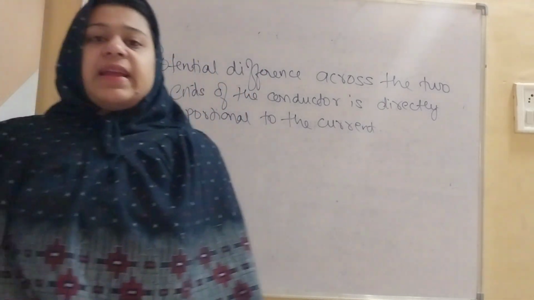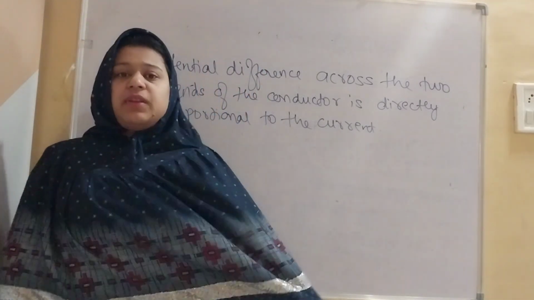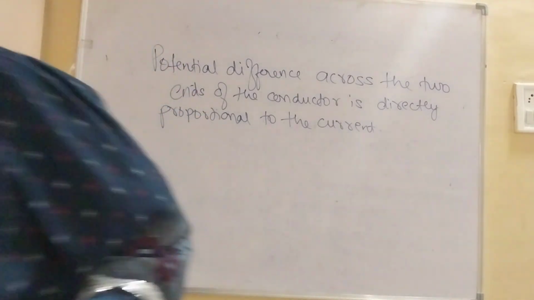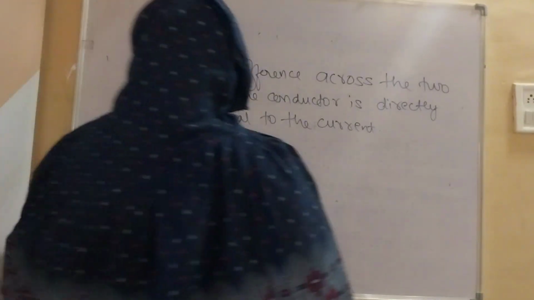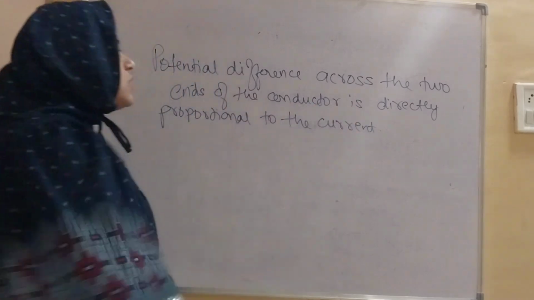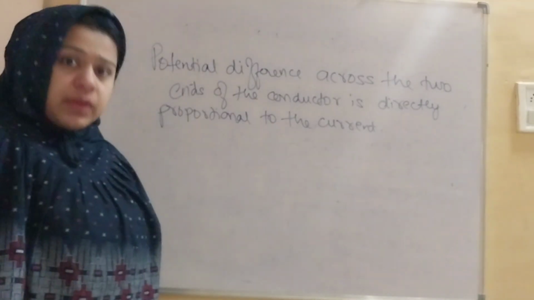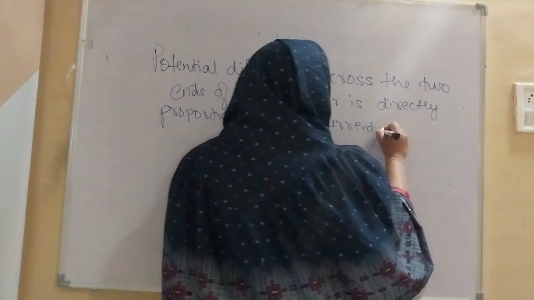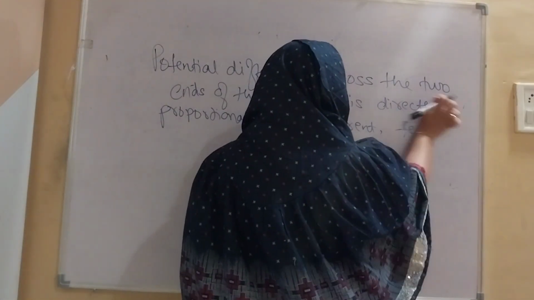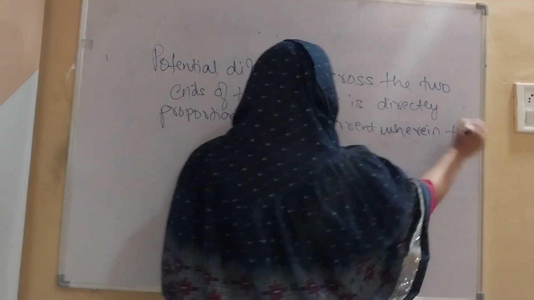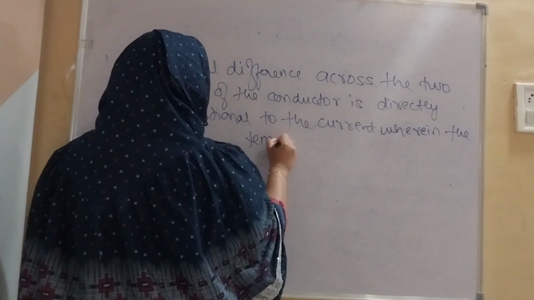Okay, so the scientist George Simon Ohm, he gave a relationship between potential difference and current. So what did he say? That the potential difference across the two ends of the conductor is directly proportional to the current wherein the temperature remains constant.